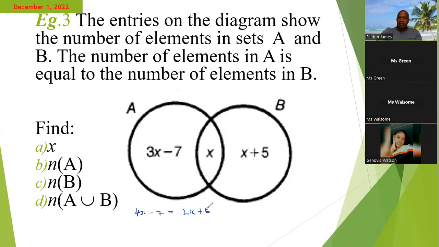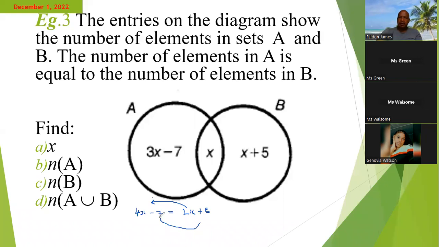First we group like terms. We're bringing all the x's on one side, and then we bring all the numbers on the other side.